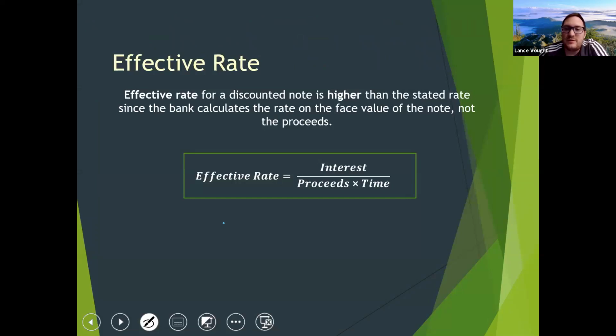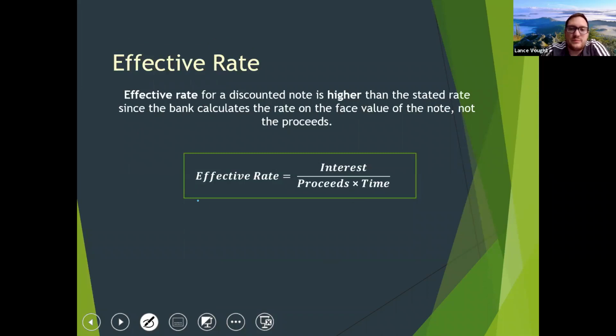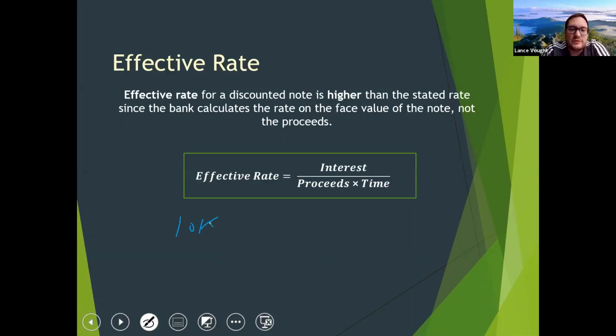So just as a reminder, the effective rate is just the amount of interest that you pay in dollars divided by the proceeds, which is the actual amount that you receive, times time. So for example, let's say you borrow 10,000 and you deduct $400 off the front on a 60-day loan.